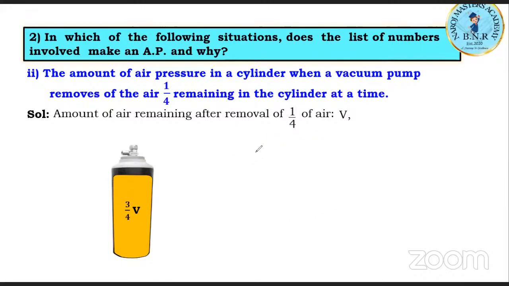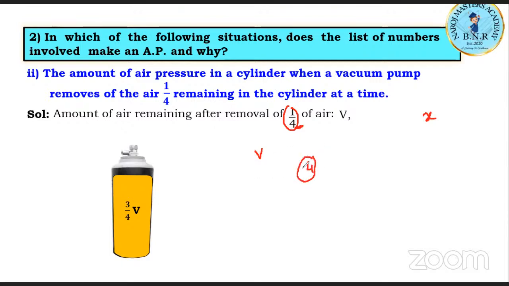Initially we are having the volume of the cylinder, which is V, or you can assume it as X. If you are going to remove 1/4, the value in the denominator is 4. So total how many parts in the cylinder? 4 parts.